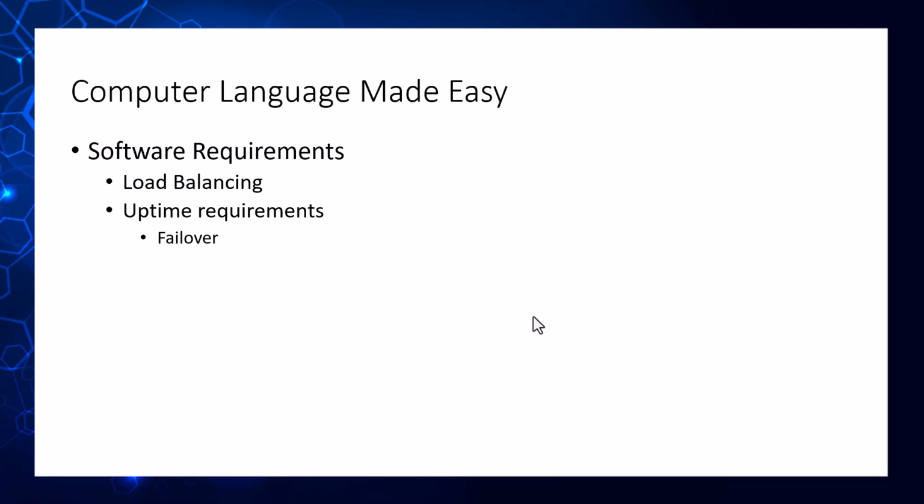So you want to look at things like, is my code going to scale? Are there things that we can implement, like load balancers, to help that on the hardware side? Are there things we have to build in similar to that on the software side? And then any type of uptime requirements, and if we need to start putting in failover and fail-safes for applications.